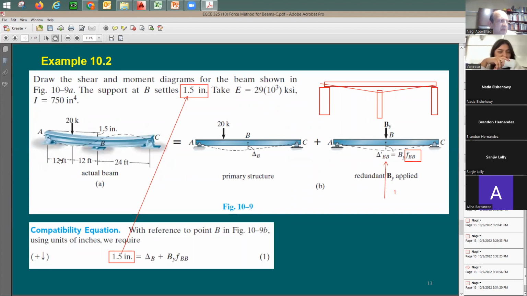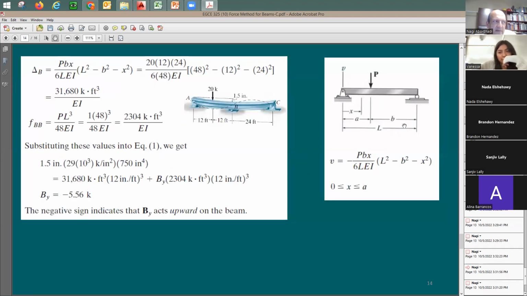This point is going to be at 12 feet, which means at the quarter point. 12, 12, and then 24. It is true that the previous support used to be in the middle, but in my analysis here, I want to find out deflection at L/2, when I have the point load at A, which means at 12 feet. This is what I need to do.